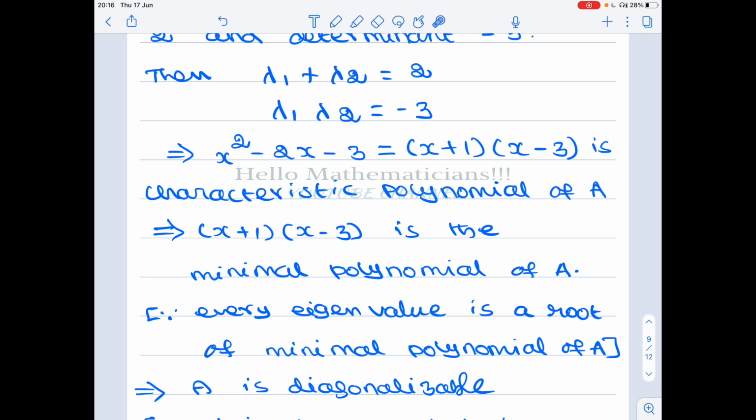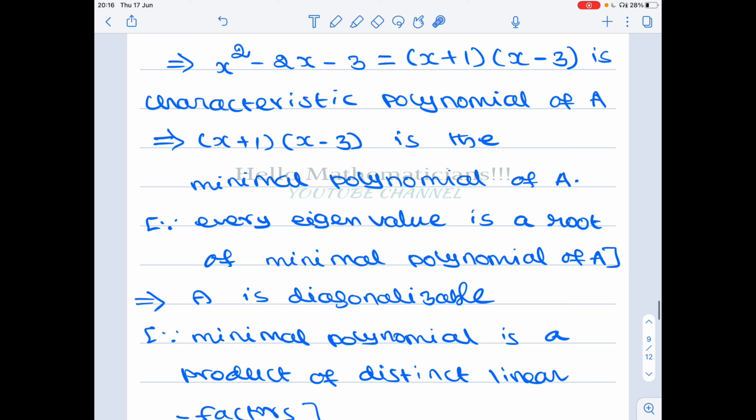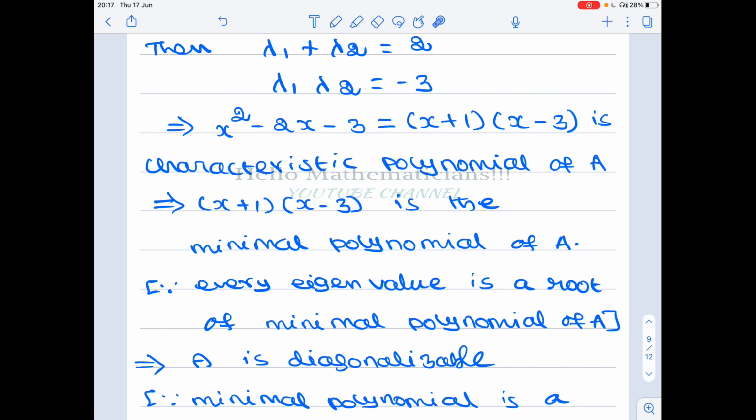Again, 3 also has to be a root of the minimal polynomial, because every root of the characteristic polynomial is a root of the minimal polynomial. Therefore, the minimal polynomial of A is also equal to (x plus 1)(x minus 3).